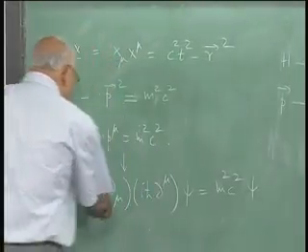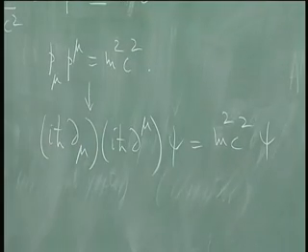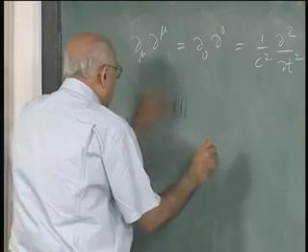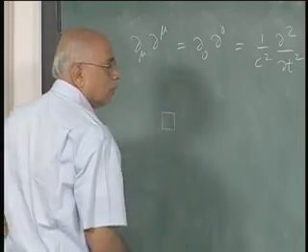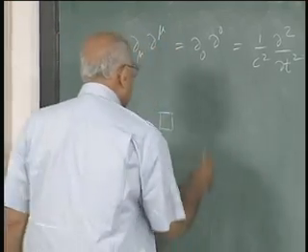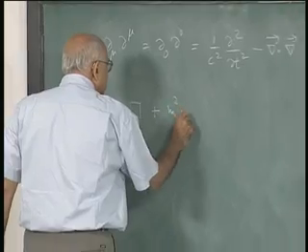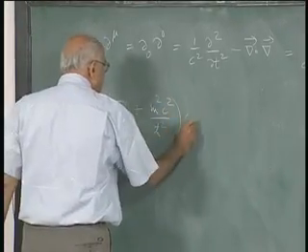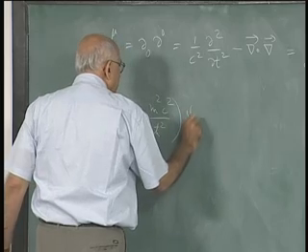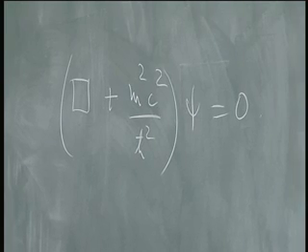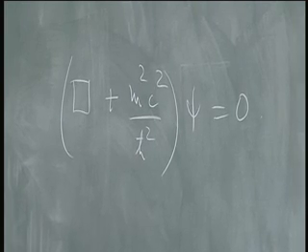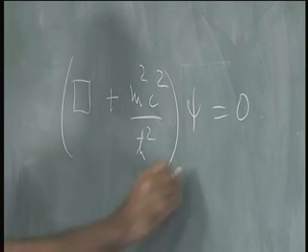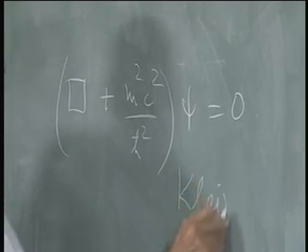This gives you a minus sign, so let us bring it over to this side and it says del mu del mu, that is box on this side, plus m squared c squared over h cross squared on psi. So that is the free, quote unquote, Schrodinger-like equation. This equation has a name for a relativistic particle, it is called the Klein-Gordon equation.